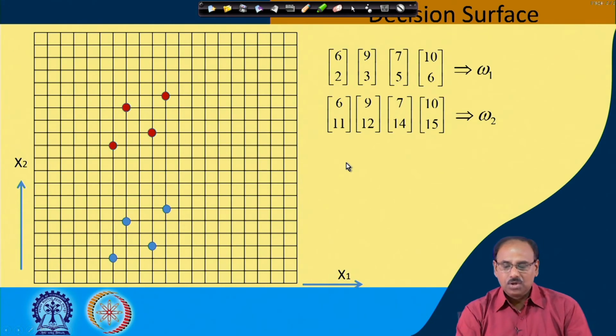So, let us see what will be the nature of the decision surface in this particular case. Again, for that I take a number of feature vectors from class omega 1 and from class omega 2.